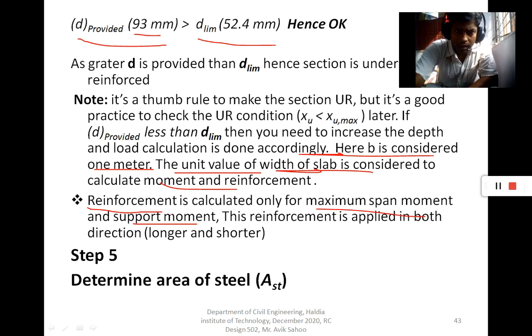The reinforcement that comes from the maximum span moment and support moment, that we apply in both directions. So the lesser moments are also automatically satisfied, because for the maximum moment we get the reinforcement, and this reinforcement is applied in the lesser moment regions also.